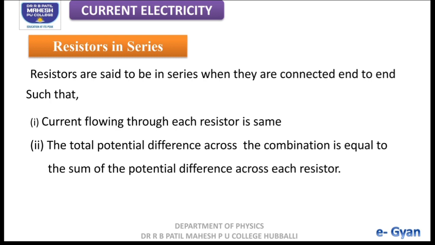Because the resistors are connected end to end. Hence, the same amount of current will flow through all the resistors. But the potential difference across each resistor will be different. That potential difference depends upon the value of resistance. Hence, the total potential difference across the combination is equal to the sum of the potential differences across each resistor.